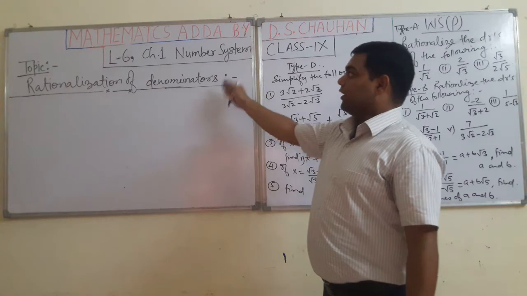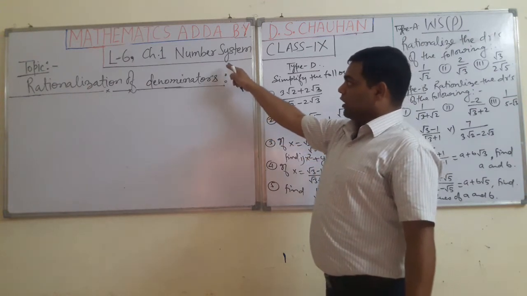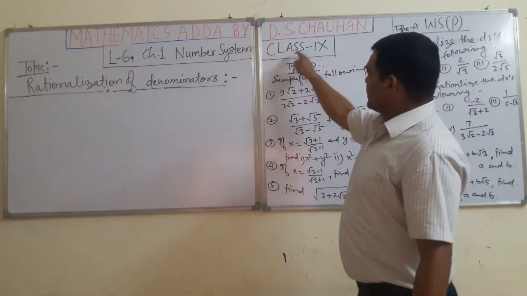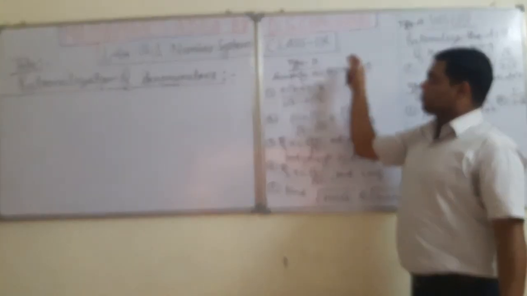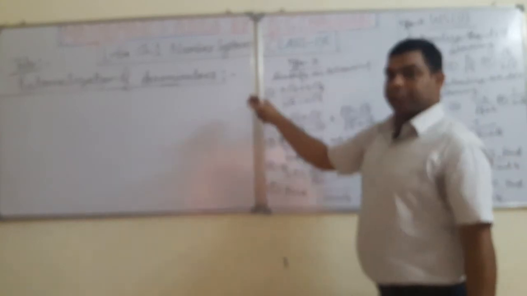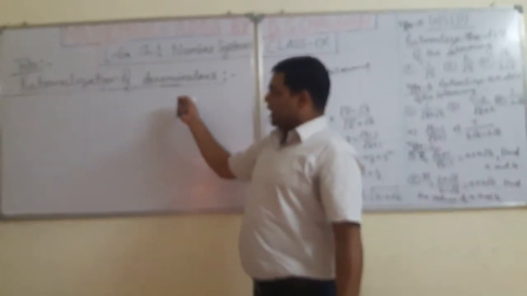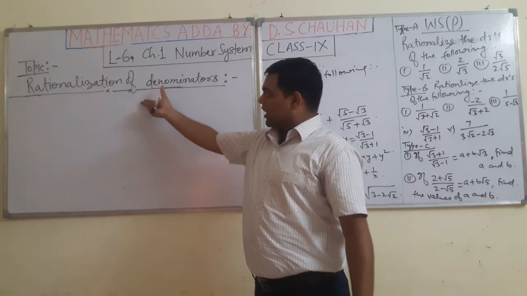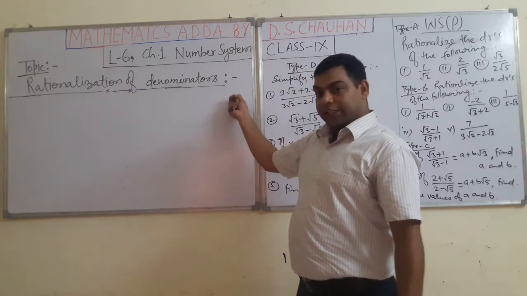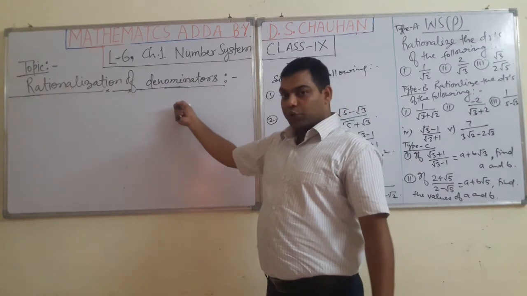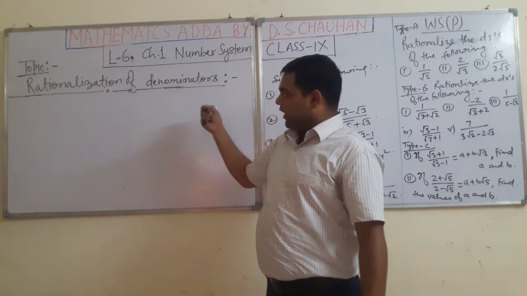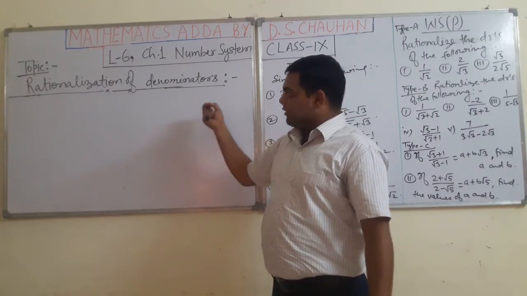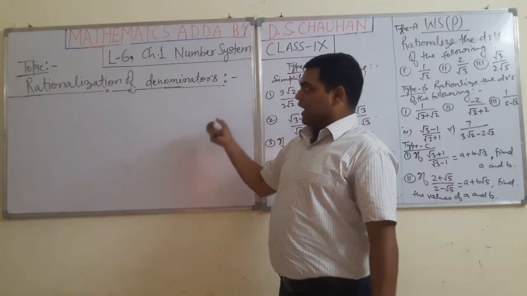Students, today here I am with the third lecture of chapter Number System for class 9th students of the CBSE board. Students, today I am going to tell you a very important topic, that is rationalization of denominators, along with the conjugate of an irrational number as well as the rationalizing factor, that is RF.